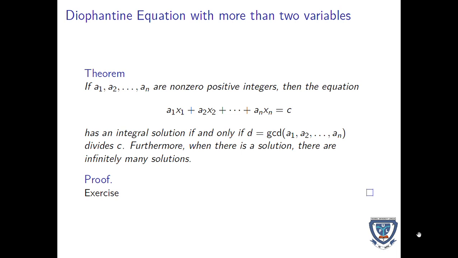Let's look at Diophantine equations with more than 2 variables. Theorem: if a1, a2, down to an are non-zero positive integers, then the equation a1x1 plus a2x2 plus ... plus anxn equal to c has an integral solution if and only if g, the GCD of a1, a2, down to an, divides c.